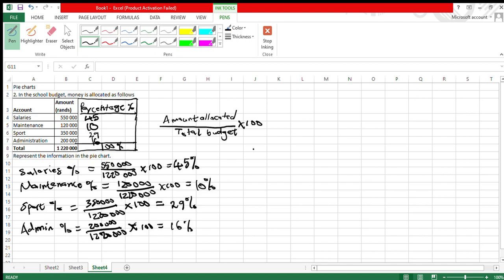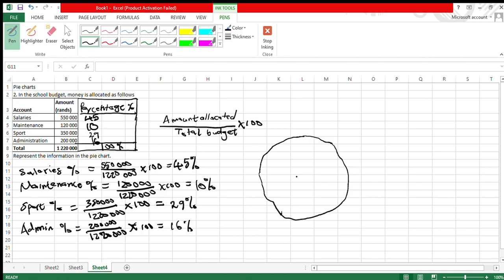Now let's draw a pie chart. Let's just draw a circle. A circle is always difficult to draw, but let's draw it the best way we can. Okay, it's getting there. I think this one will suffice.